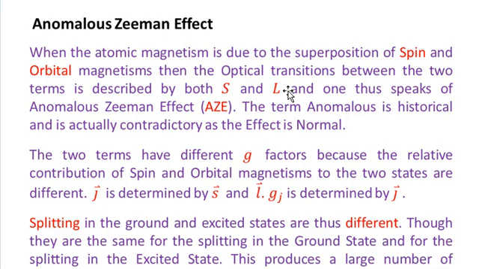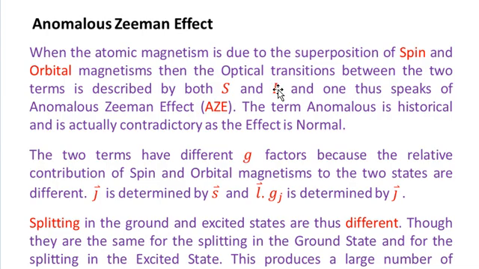But now in the anomalous Zeeman effect, we shall be talking about both spin magnetism and orbital magnetism being present in an atom. So when both are present, it means that the spin angular momentum capital S and the orbital angular momentum capital L are both present. And there are other relevant quantities, that is mu S, the spin magnetic moment, and mu L, the orbital magnetic moment.